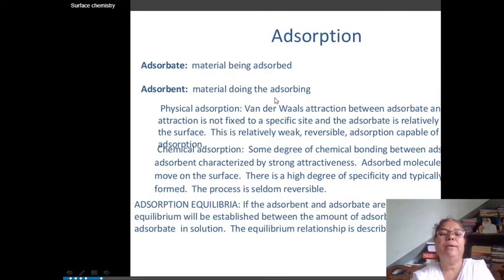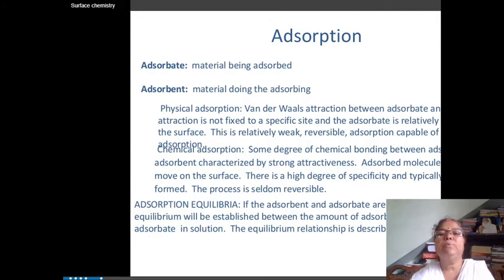It is called the adsorbent. In the previous example, as you have seen, the gas molecules are the adsorbate and activated charcoal is the adsorbent.